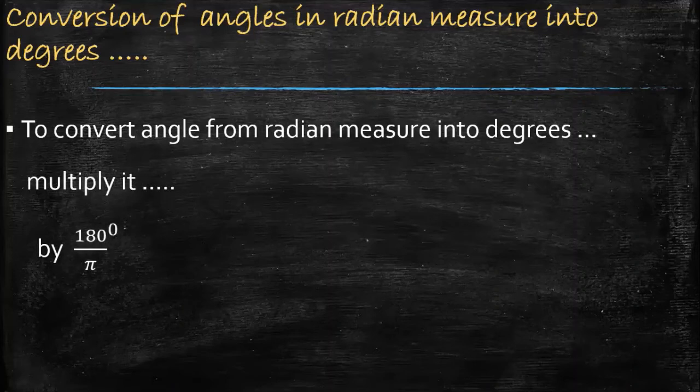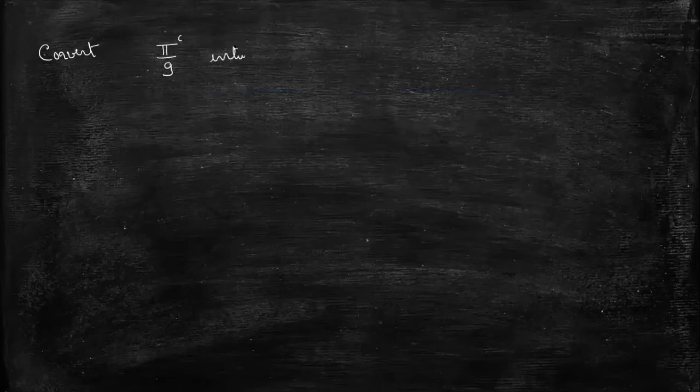Remember this, we have to multiply the given angle in radians by 180 by pi in order to convert it into degrees. Now let us see how we can do it. Say you're asked to convert pi by 9 radians into degrees.